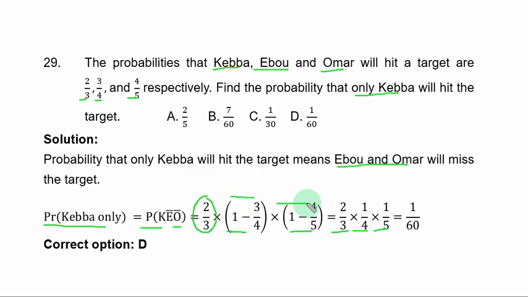If you multiply, the 2 cancels the 4, it becomes 2. So 1 over 3 times 2 is 6, and 6 times 5 is 30. So what you have there is 1 over 30. Therefore, C is the correct option.